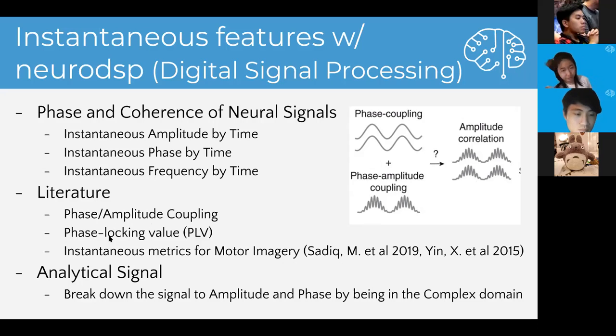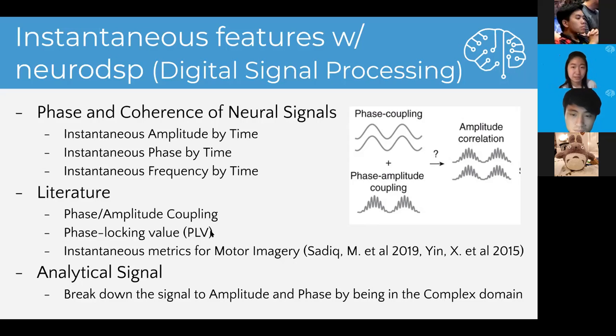Similar to that, there's a phase locking value, which is explained by one of the graduated doctoral students at the Wojtek lab. I have linked the video on a lot of these things in the notes for this slide as well.